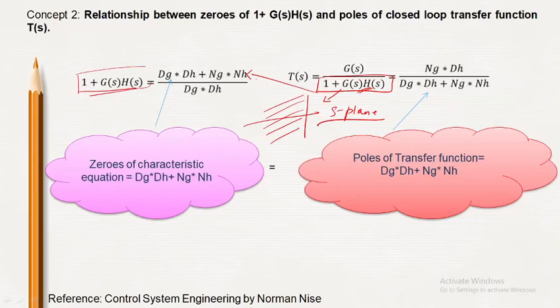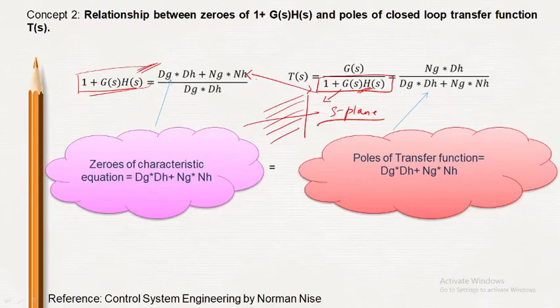We'll discuss this in the further part of the video, but just remember that the zeros of 1 plus G(s)H(s) are essentially the poles of the transfer function, so they are actually the same. We'll be discussing it in a few minutes.